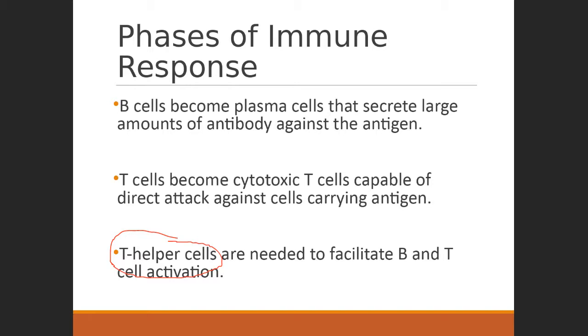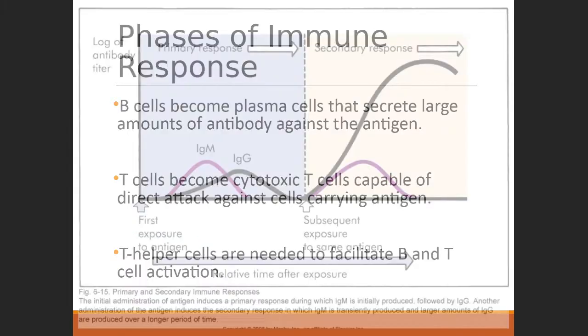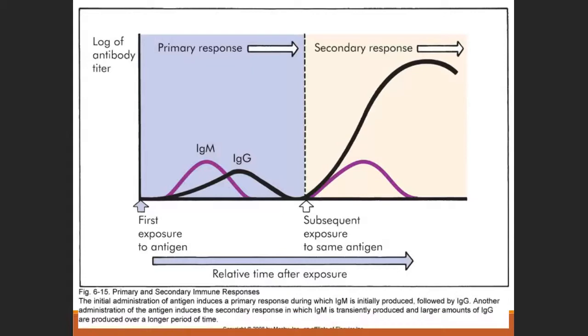Now, if we look at that in a timeline, this is kind of what we would see as far as antibody production. You have your first exposure. Now, we didn't mention this, but IgM antibodies tend to be produced earlier after a response.